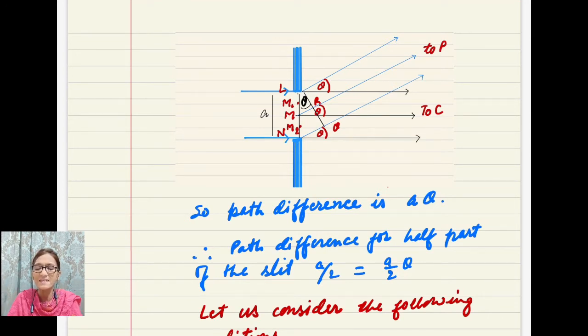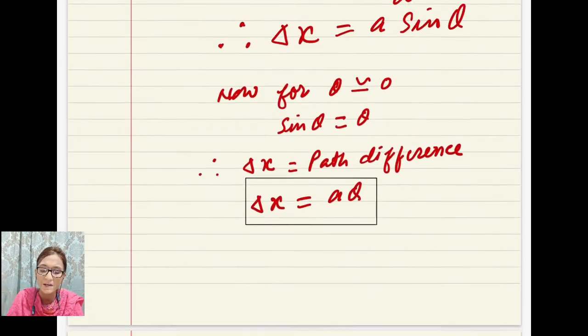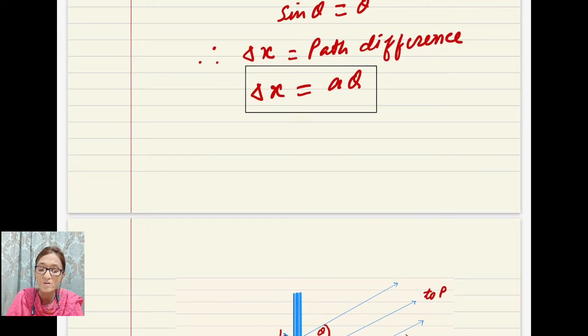But for simplicity I have divided it into only 2 parts. So let the path difference be lambda. Then half of the path difference, we have just obtained, it is a theta. Okay, it is a theta.